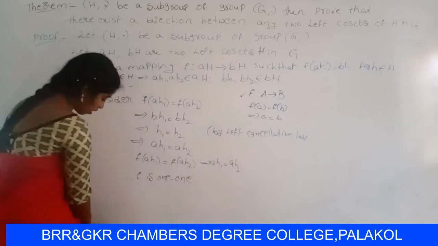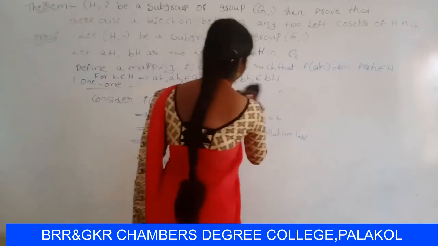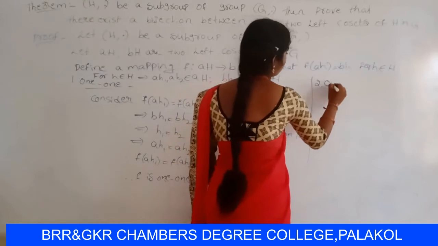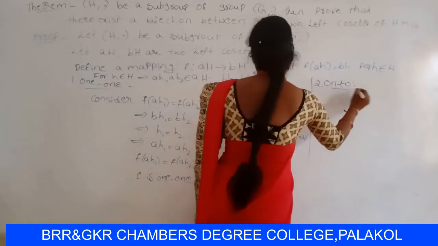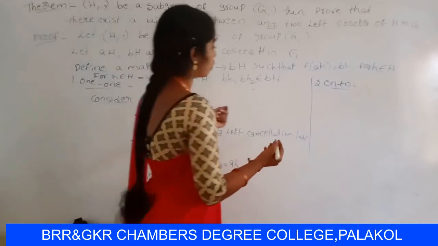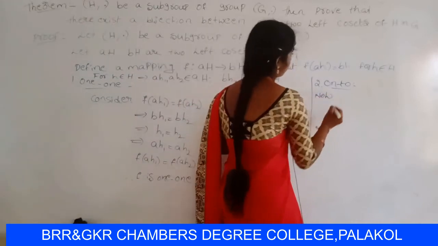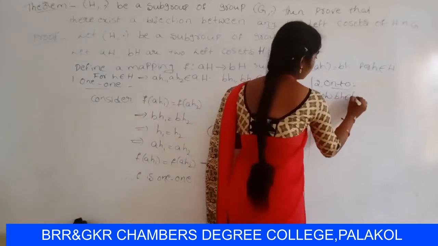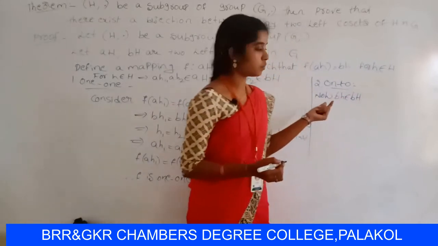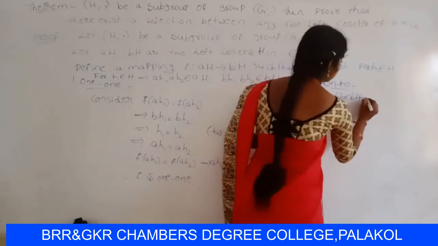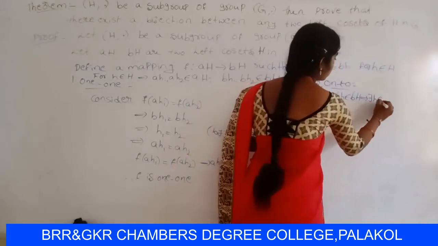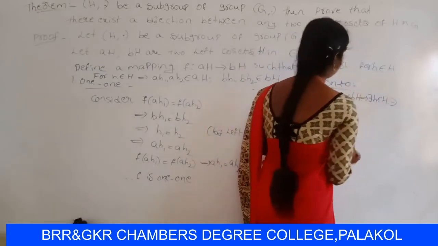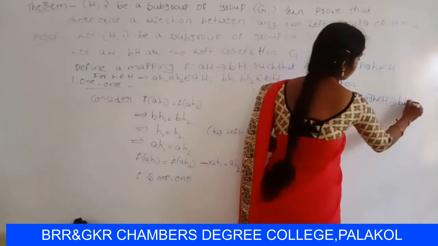So second one is onto. Second, the onto condition. Onto means now bh belongs to bH. So that implies there exists h belongs to H such that bh belongs to bH.